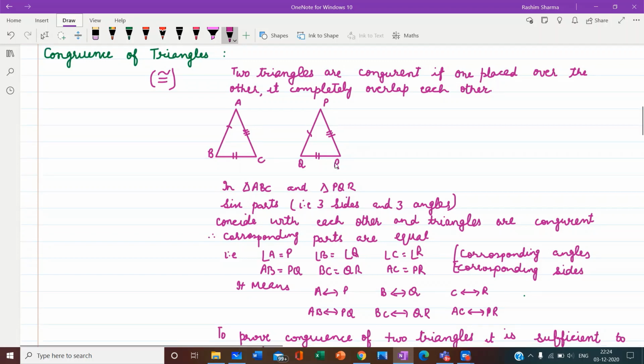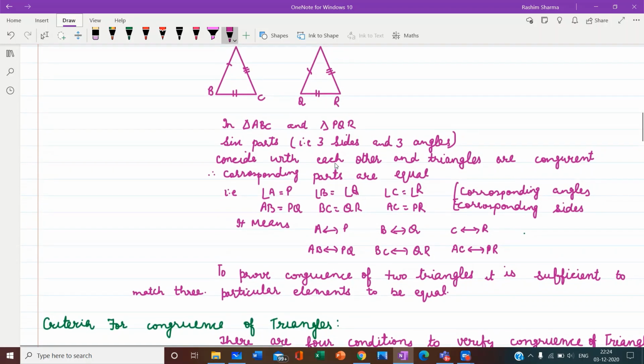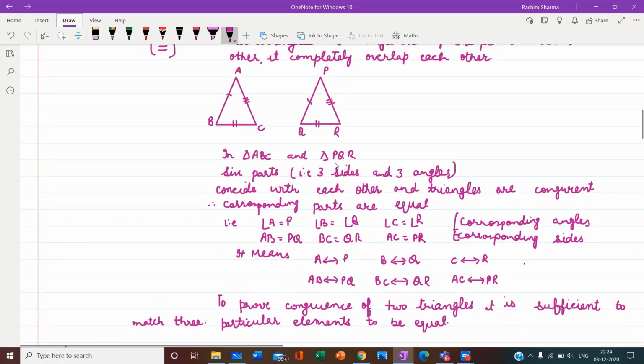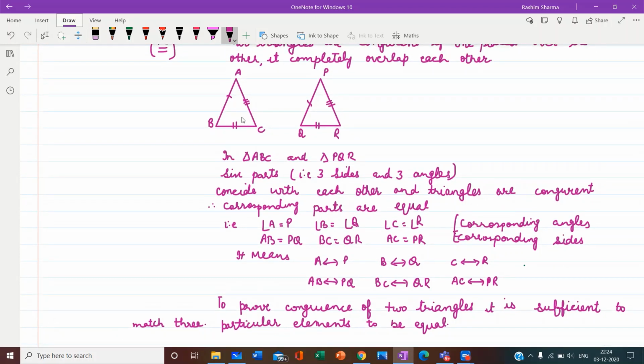Alright, to prove congruence of two triangles, out of these 6 parts, only 3 parts if match, we say that triangles are congruent. Then remaining parts will become equal by CPCT.